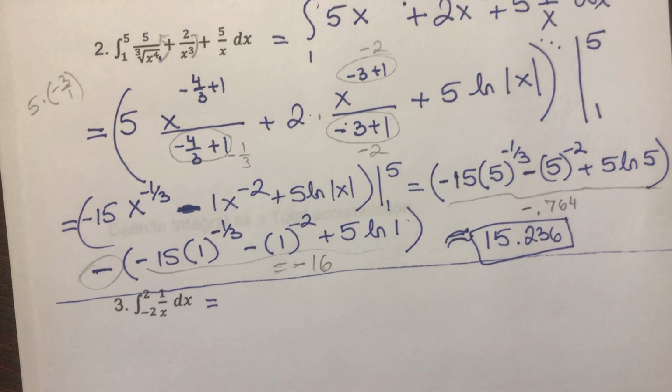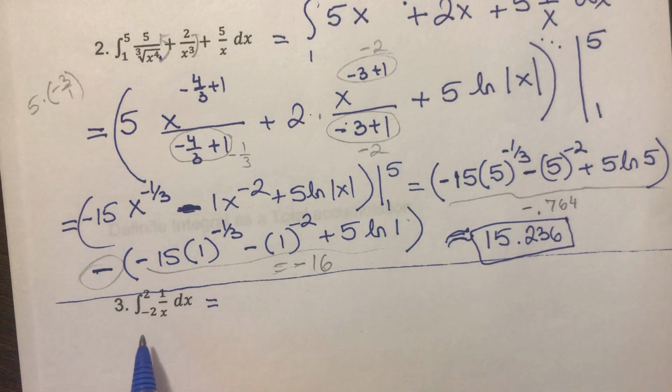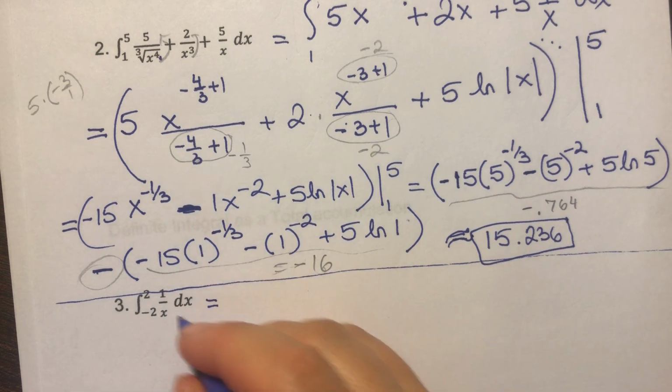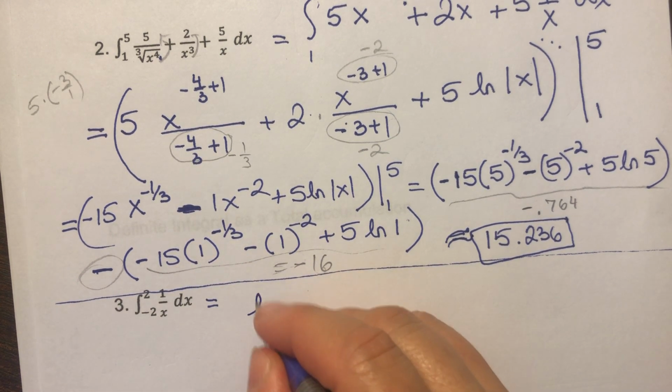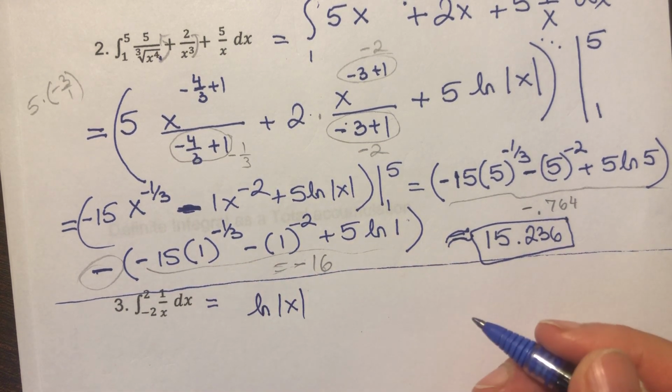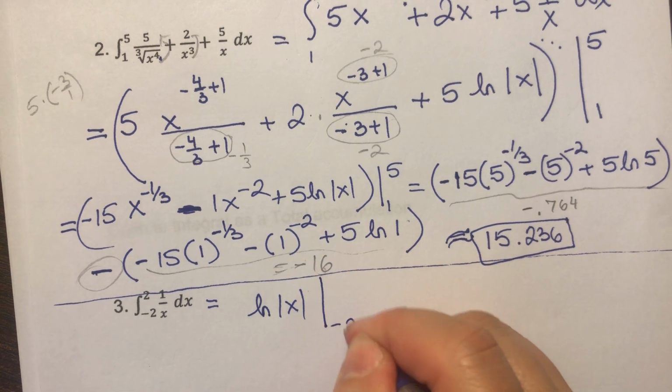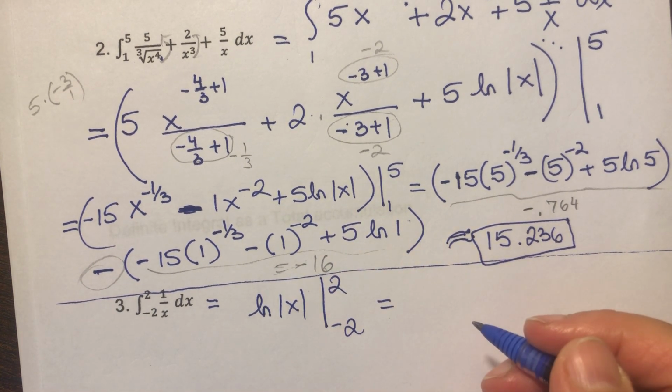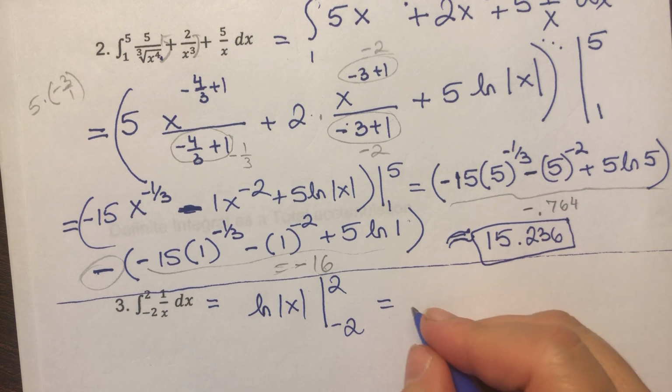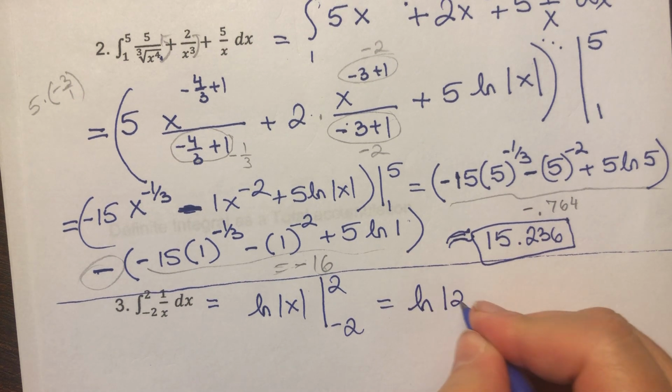Okay, so here it is. The integral from -2 to 2 of 1 over x dx. This is easy because there's nothing to fix, no many problems. What's the antiderivative of 1 over x again? It's ln of x, right? Between -2 and 2. And that's exactly what I said is important, that you plug.